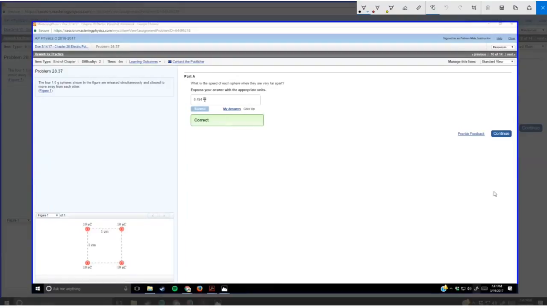Okay, so start with 1, right? Potential energy is 0. You get a second one that is 1 centimeter away, right? So actually, let me do it like this. The way I did it in class, imagine that there's this link, right? So that potential energy is going to be kQ1Q2 over R. Okay, it's positive.